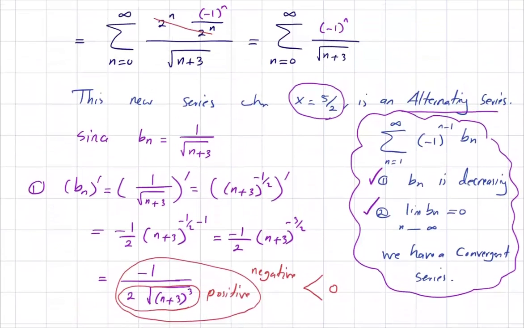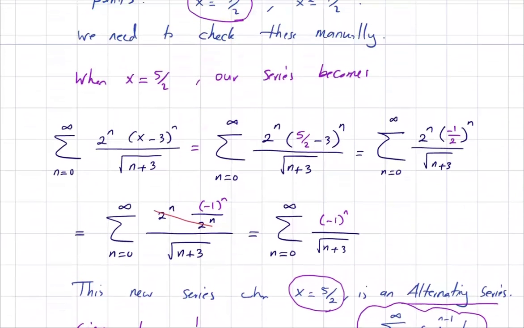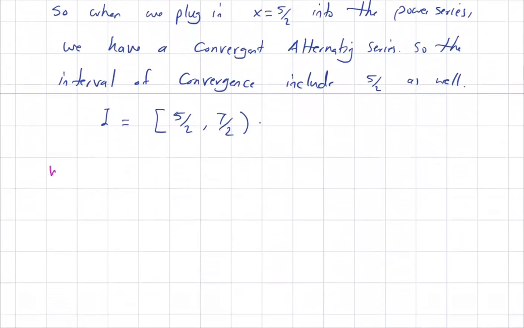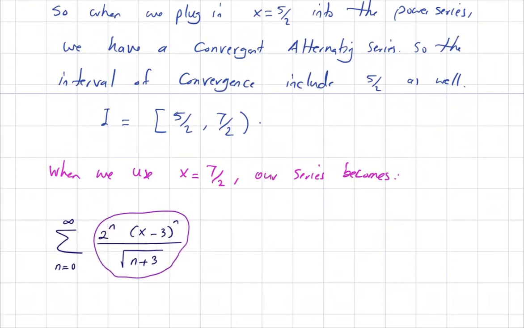We did x equals 5 over 2. Now we need to plug in 7 over 2. Let us check 7 over 2. When we use x equals 7 over 2, our series becomes, so let me copy down the series. This was our original power series.